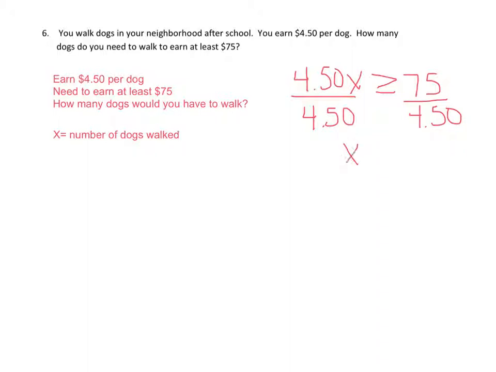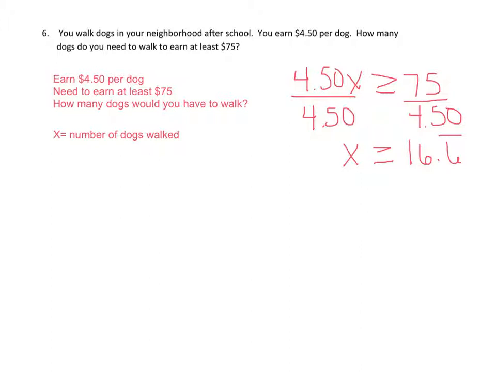And when I divide, I get 16.6 repeating. x is greater than or equal to 16.6 repeating. Now, can you have 16.6 dogs? No, you can't. So that's where we want to talk about viable solutions.